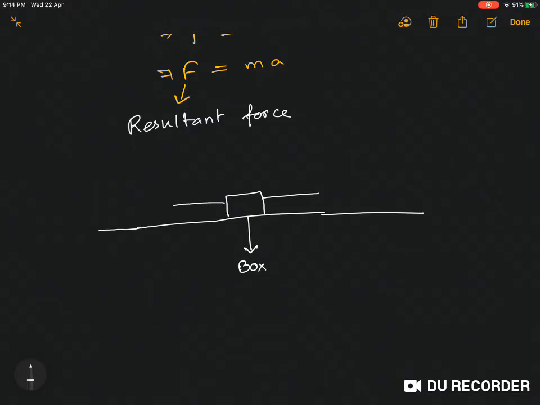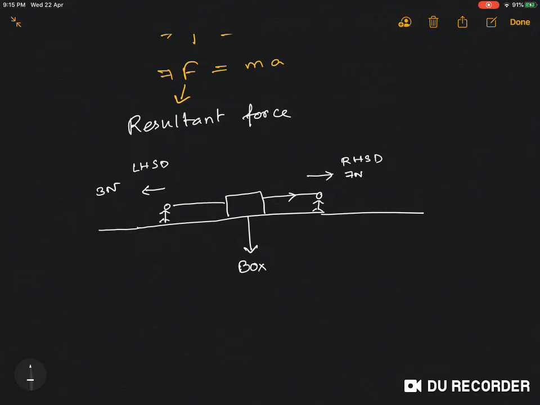Let's say someone is pulling the rope in this direction, and someone from behind is pulling the rope in the left hand side direction. So this is the left hand side direction, this is the right hand side direction. Now let's say the pulling force in the left hand side direction is 3 Newton and in the right hand side direction is 7 Newton.